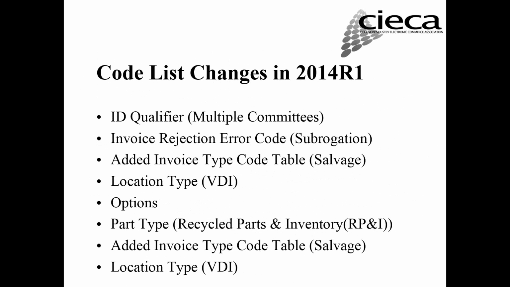In addition, we've got many additions to the ID qualifier code table, the invoice rejection error code. We added an invoice type code table, location type got a few new entries, options, likewise, part type, we got all those audited entries from recycled parts and inventory, and made some changes to the location type.